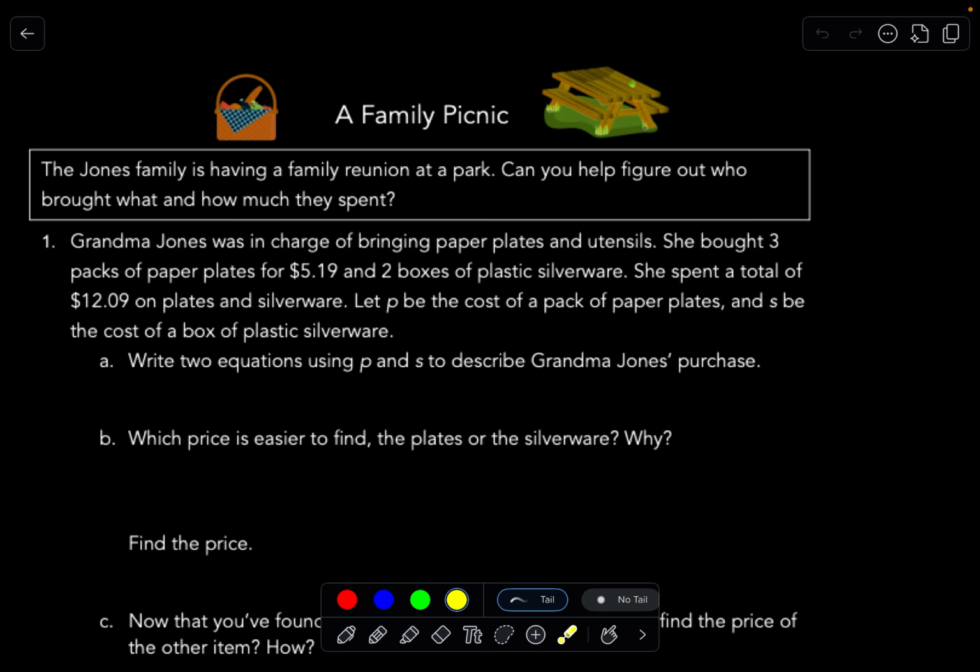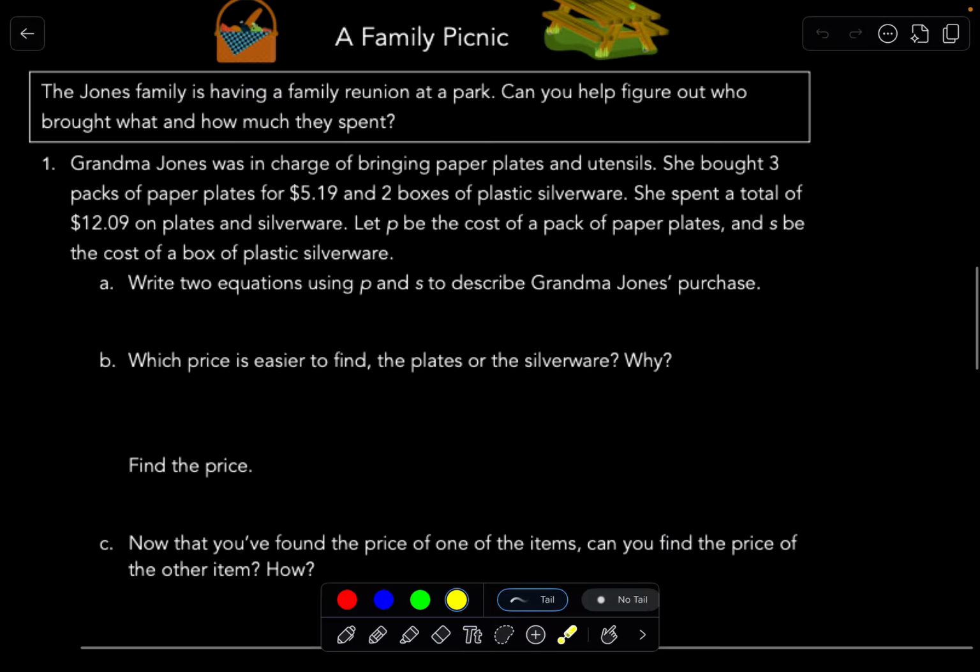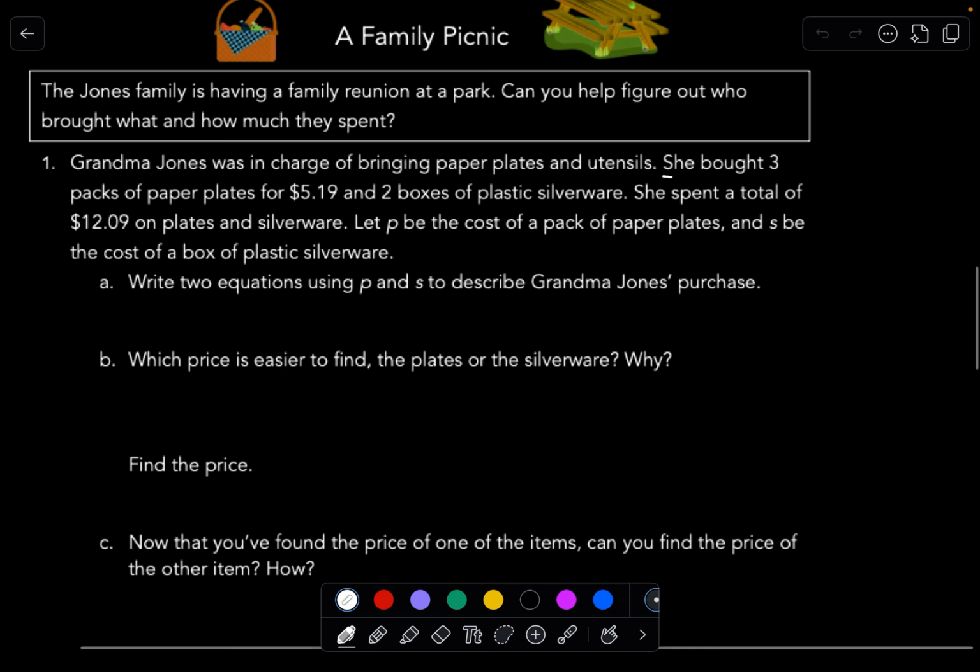Okay, so the Jones family is having a family reunion at a park. Can you help figure out who brought what and how much they spent? Grandma Jones was in charge of bringing paper plates and utensils. She bought 3 packs of paper plates. I'm going to underline these important pieces of information.